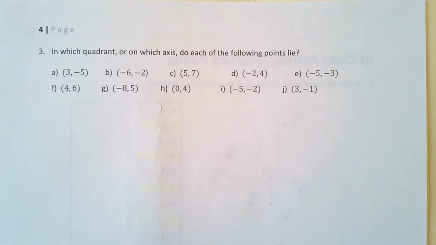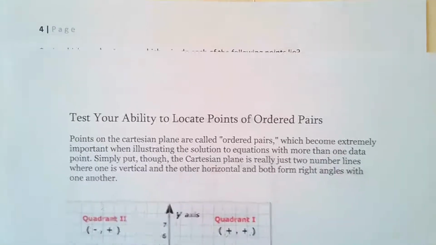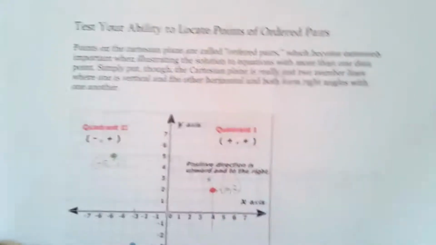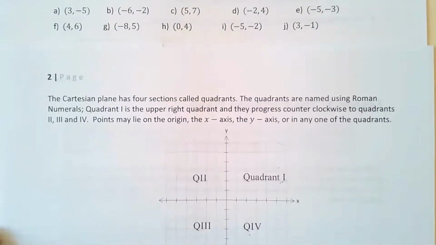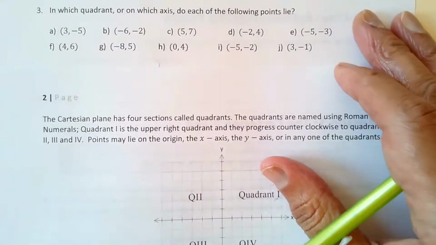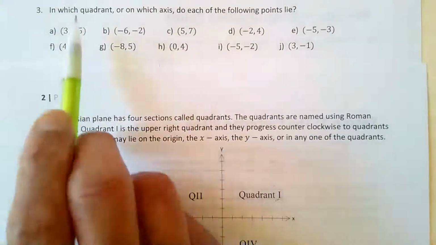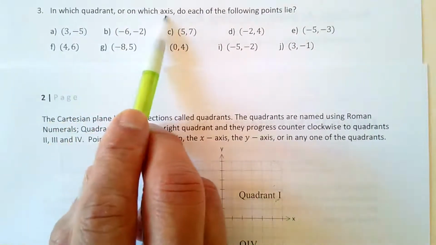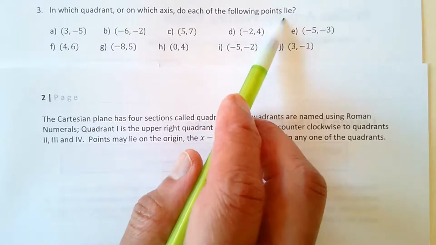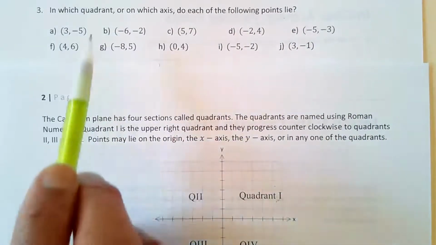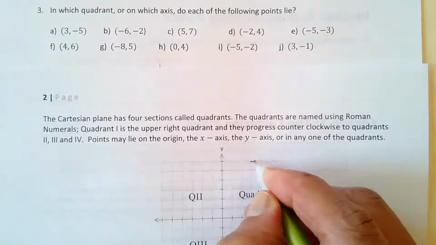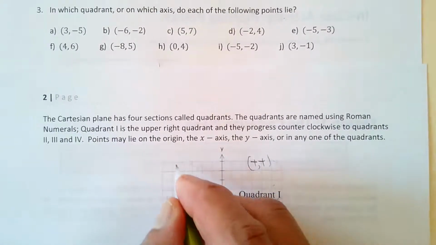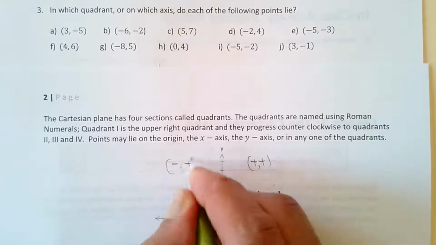You may want to refer to your quadrants fact, GQ2, maybe this page here. So in which quadrant or on which axis do each of the following points lie? So notice if you have a negative and a positive, it would be in here, the negative and positive quadrant.